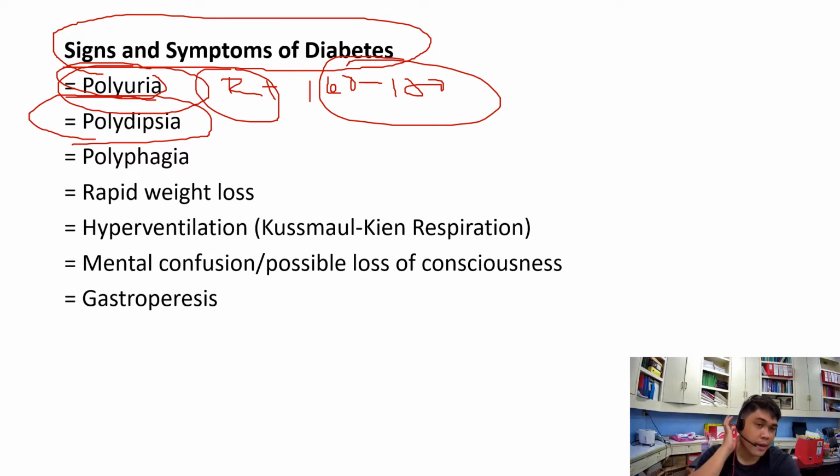Okay. Next is polyphagia. For polyphagia, there's an increase in hunger, so you tend to eat more. For polyphagia, or excessive eating, the individual with diabetes has problems with either insulin resistance or insulin deficiency.